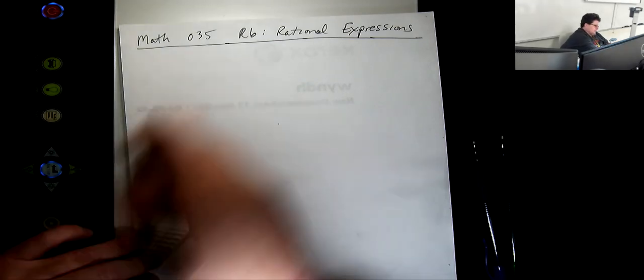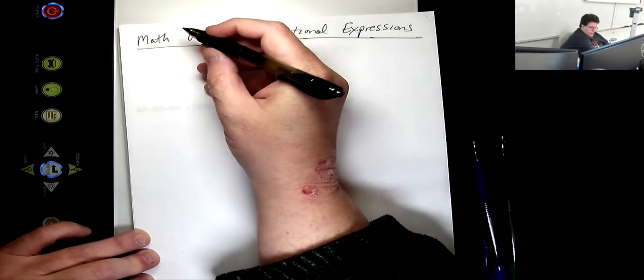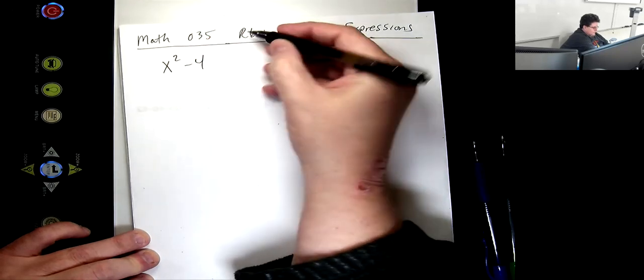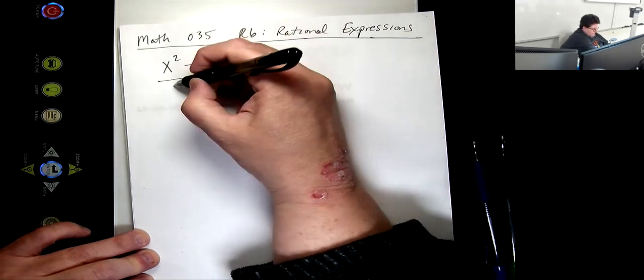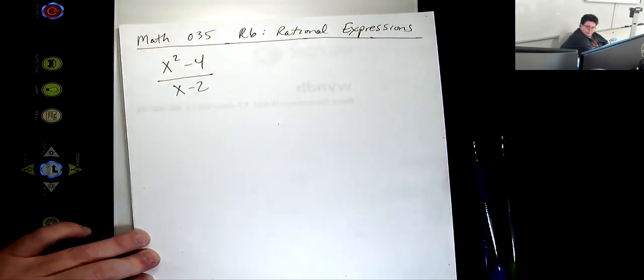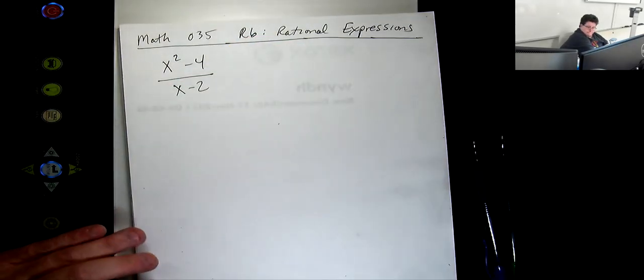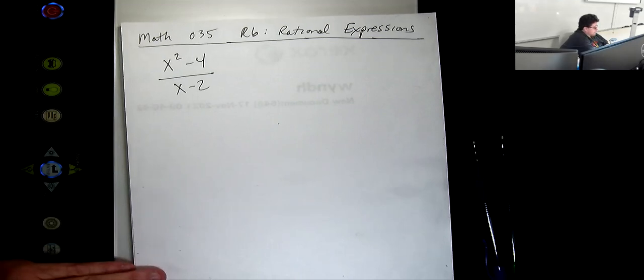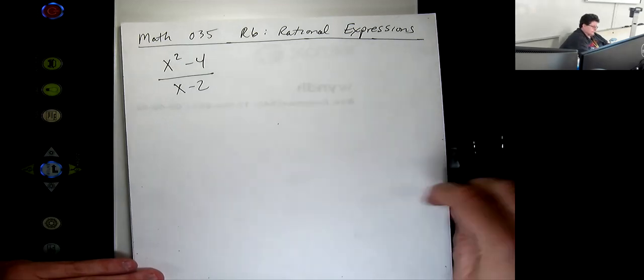I want to start you off, and I think we might have even done this problem. But let's just take a look at it again. x squared minus 4 over x minus 2. So we want to identify where there's problems, like where x can't exist, and then we want to simplify.